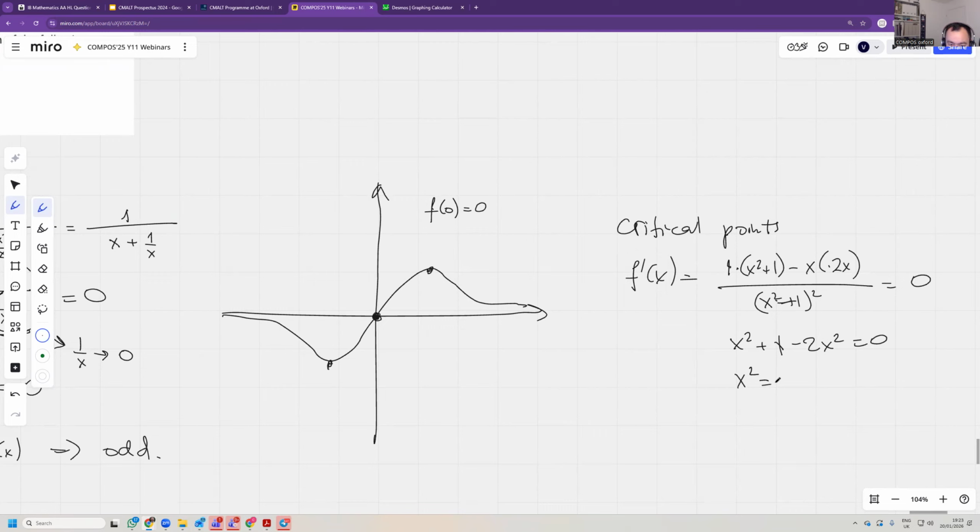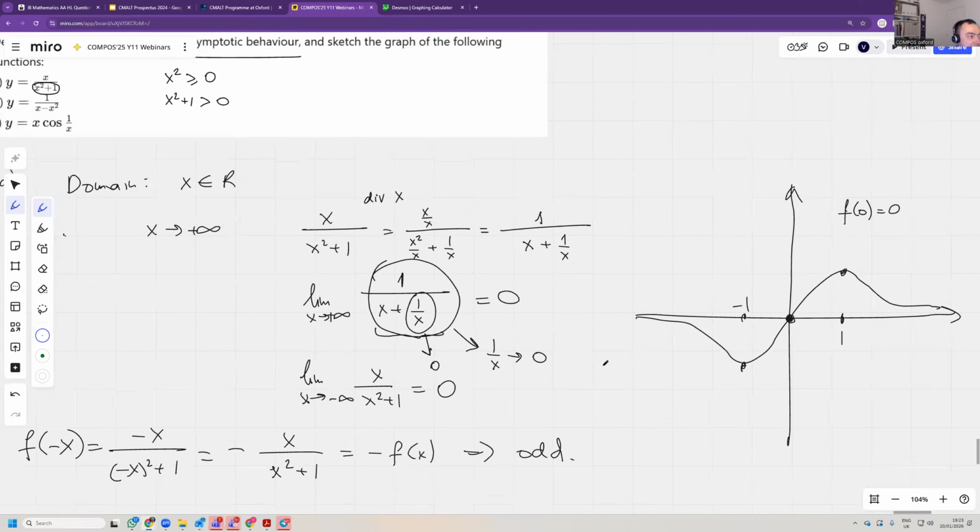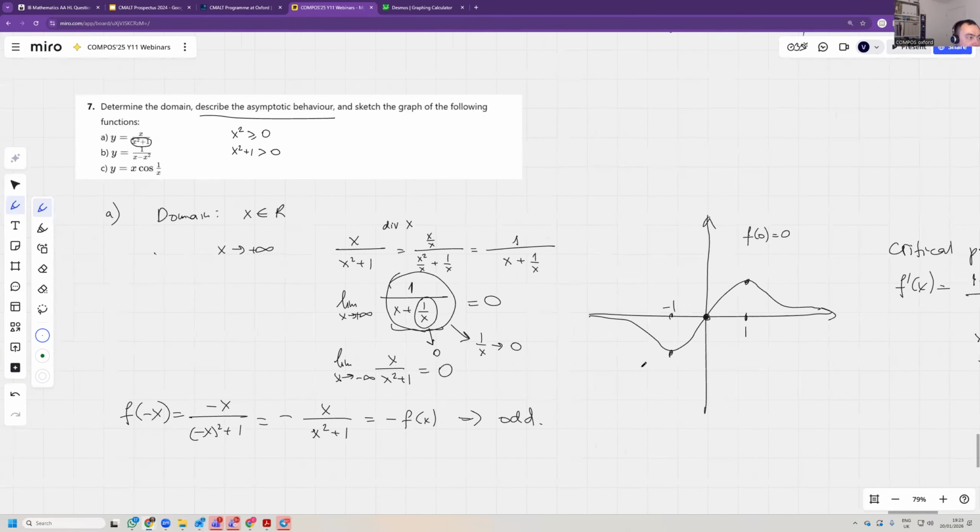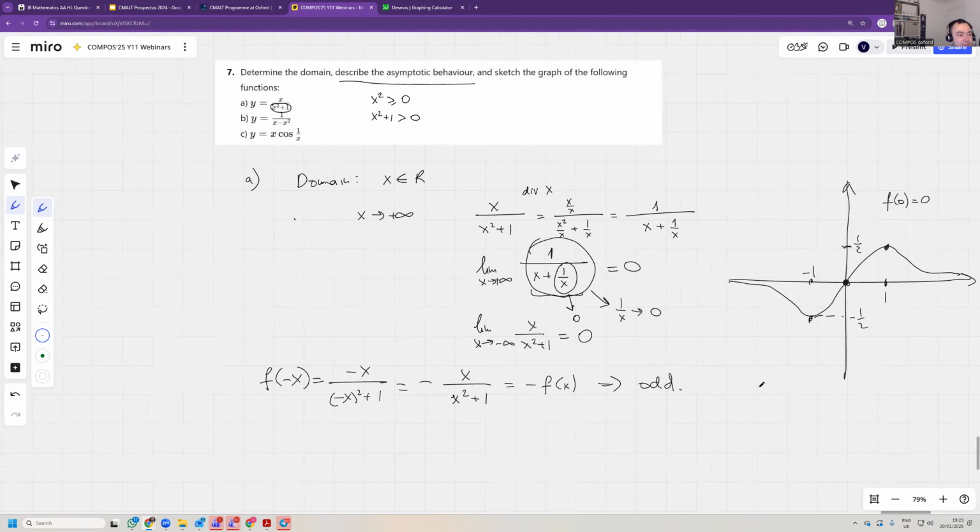So x squared is equal to 1, x is equal to plus or minus 1. The maximum point, we just substitute, is 1/2, and this is minus 1/2. So this is the graph.